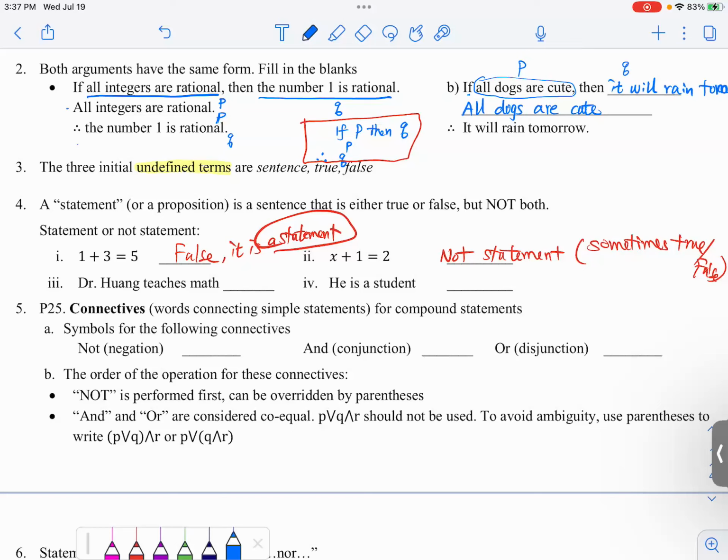Or if you argue, hey, this is not what I'm teaching here, this is not a math course, then you would consider it false. If we all agree that this is not a math course, then this will be a false statement. But the thing is, once we build the criteria, we can for sure identify whether this is a true or false statement. It cannot be both, right? So therefore, this is a statement.